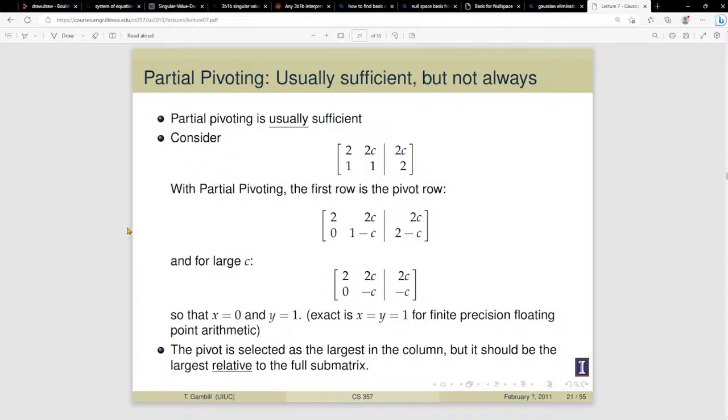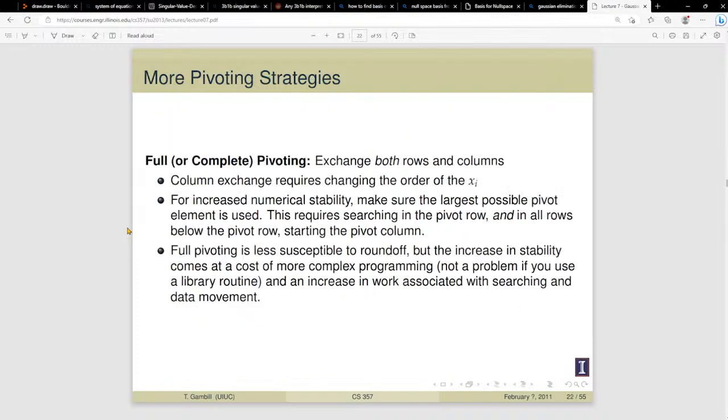Partial pivoting is usually sufficient. Consider this. With partial pivoting, the first row is the pivot row, and for large C, that 1 goes away. Yeah. So the pivot is selected as the largest in the column, but it should be the largest relative to the full submatrix. Yeah, okay.